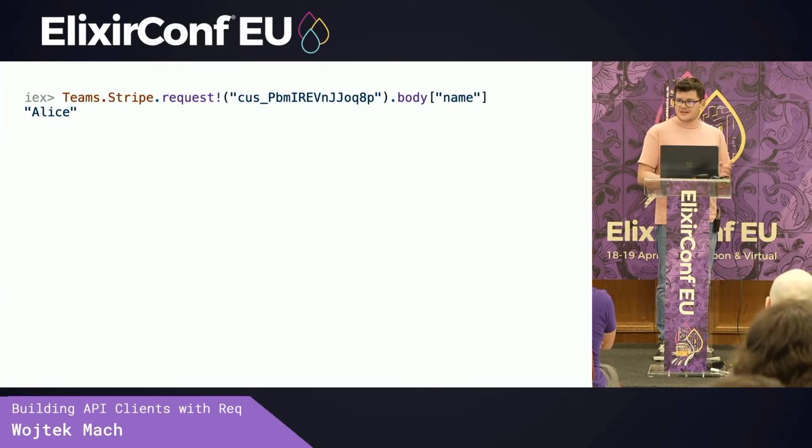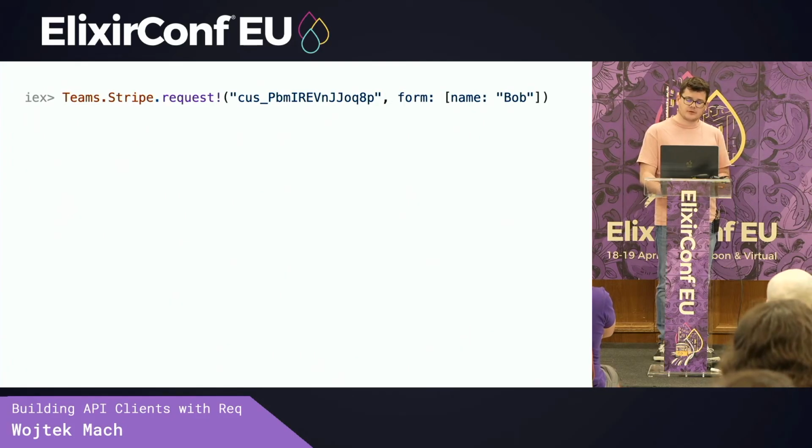Again, it's nice to have all of these functions, get customer, list customers, but you don't need that. You have a customer ID, you can get it, and I mentioned the custom step that updates the method to post. This is how we can do updates. So rec has a form option, which takes a key value and does the form URL encoding of the request body.